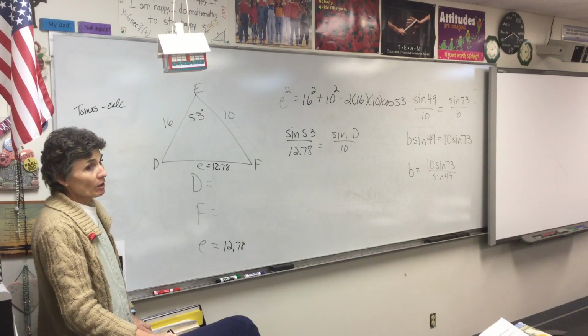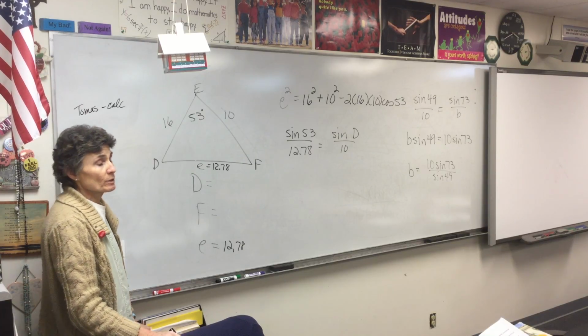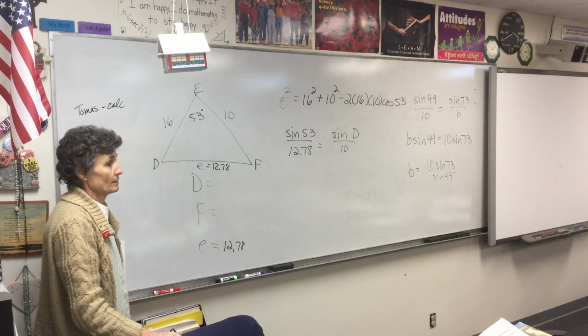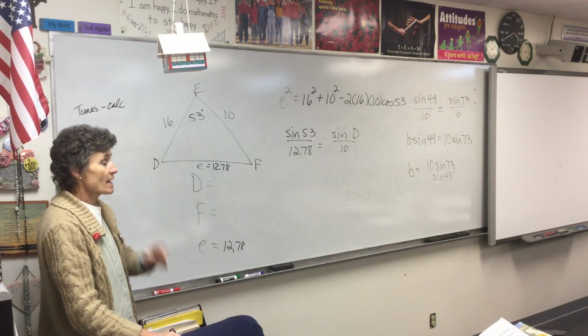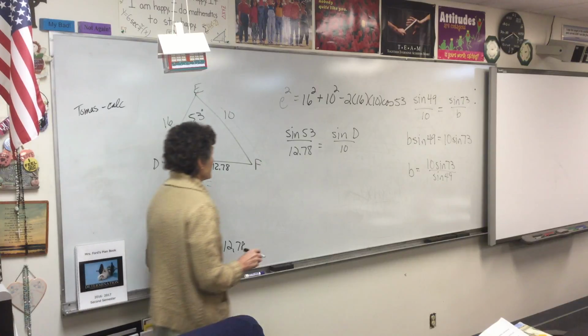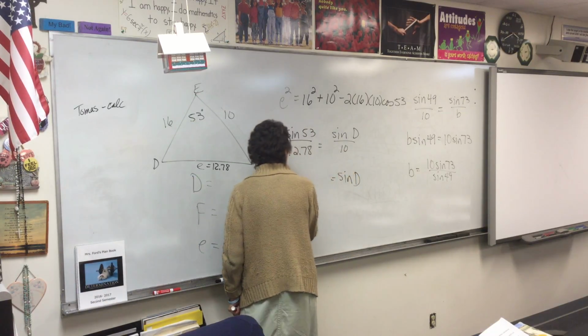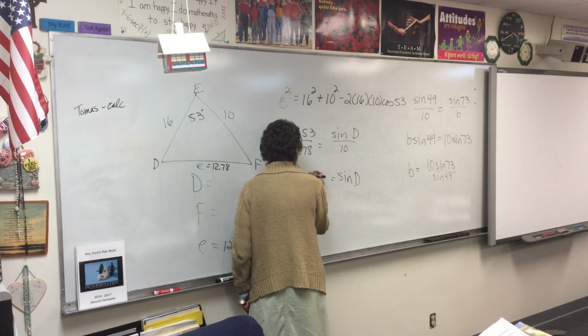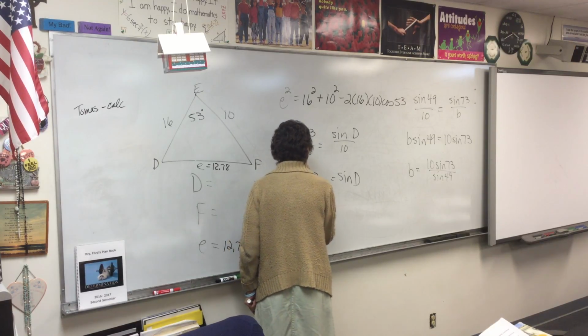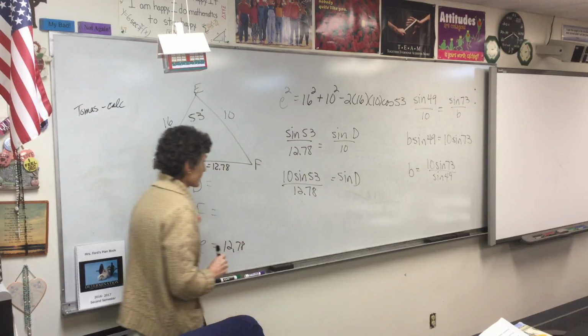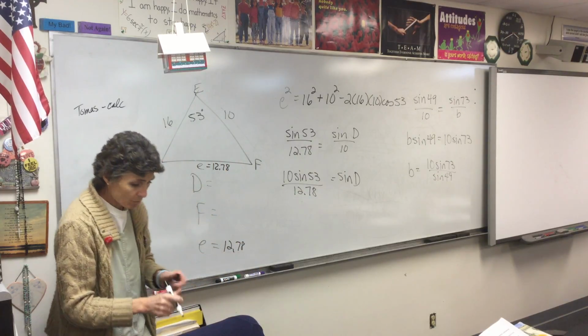Some of you, when you write your law of sines, you get things turned around. Remember, it's always the sine of the angle. So the sine of D, and this is one of the tricky ones.